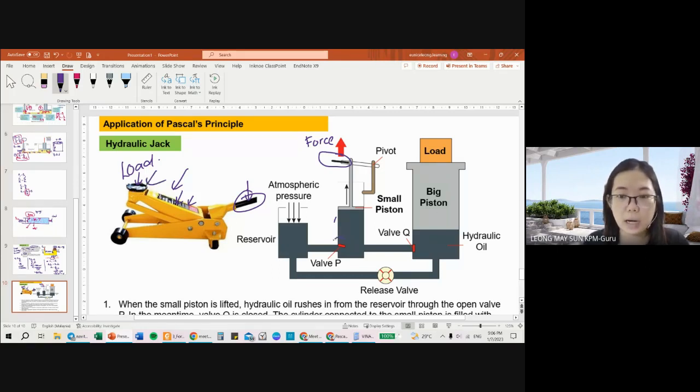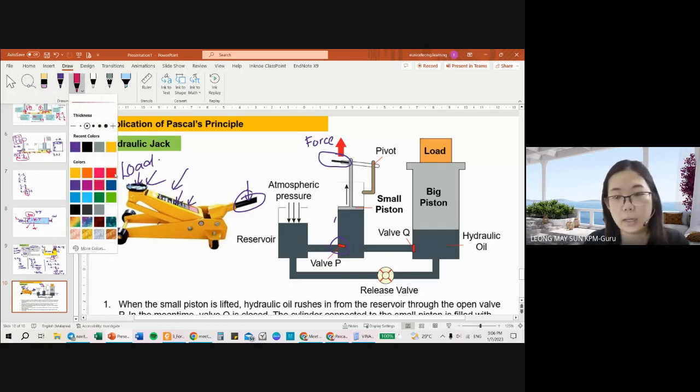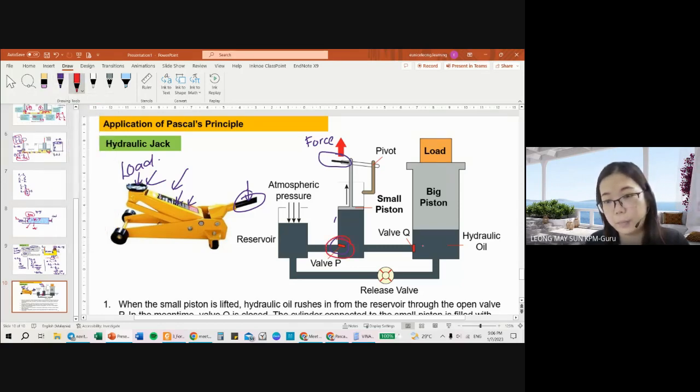You will notice that there are two valves, valve P and valve Q. Valve P and valve Q will only have one open at any particular time.